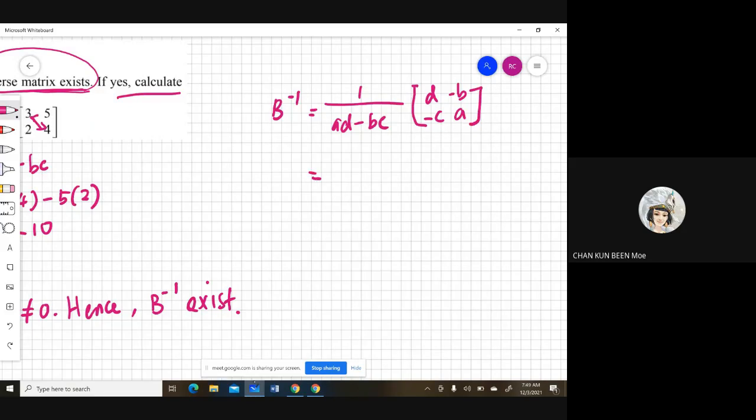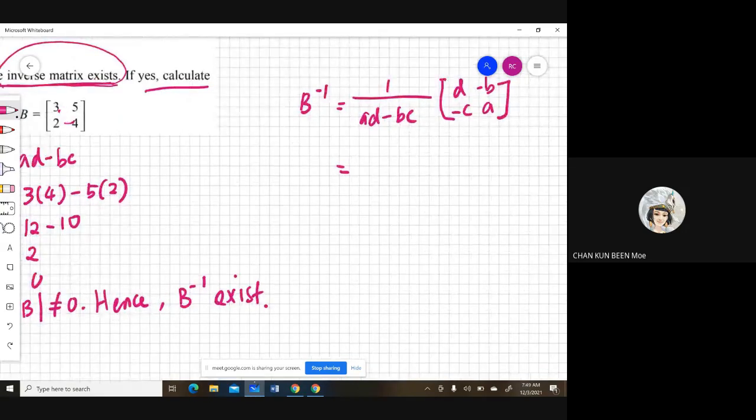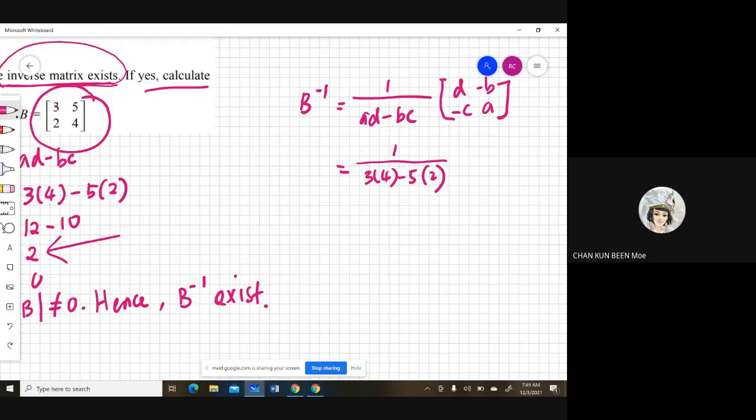So from here, you refer back to this. 1 over AD minus BC, we already got the AD minus BC just now, which is 2, remember? Which is 3 times 4 minus 5 times 2. And then in this part, the D is 4, you exchange it.